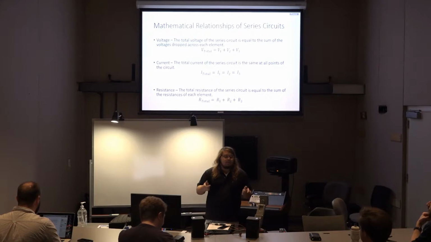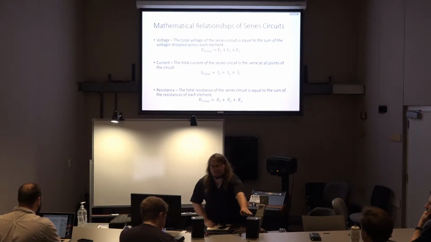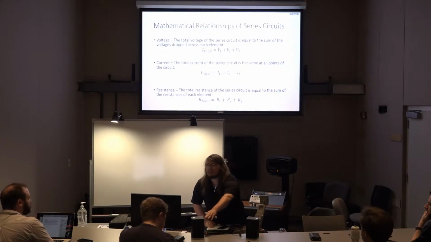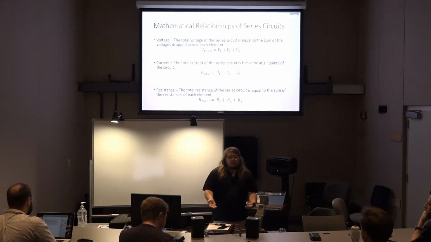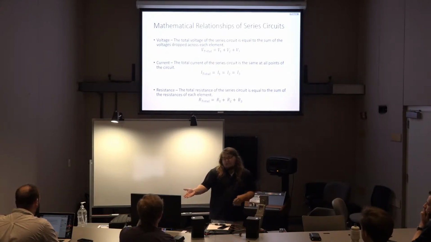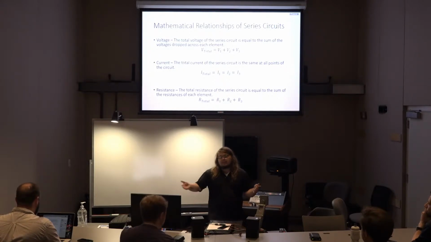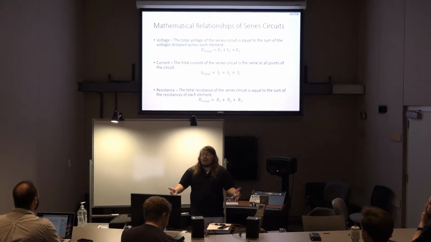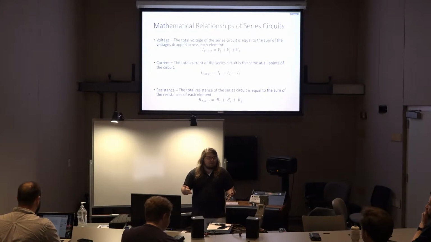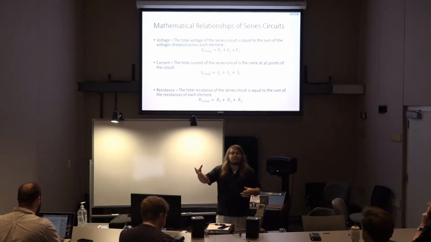So if we think of those 2 speakers as one, we have one 6 ohm speaker here and one 6 ohm speaker here. And we add them together, we have 12 ohms of resistance, correct? So we have the voltage total and we have 12 ohms of resistance, and we find our total current.